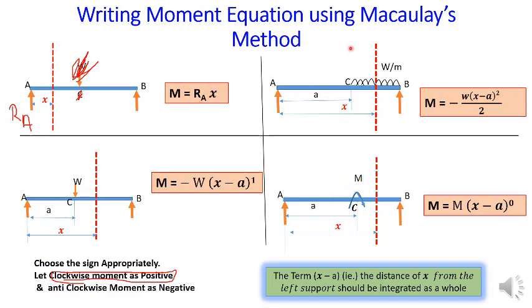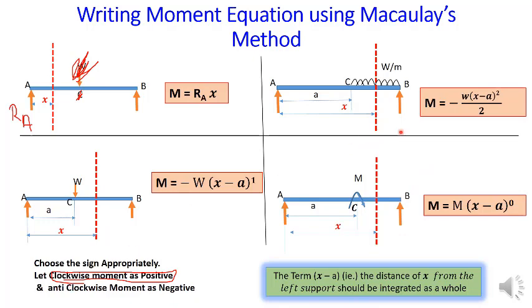And the second one is the UDL load. When you are writing for the UDL load, here the section is marked in the last portion. When you have a UDL between C and B, we all know that for a UDL load, moment equals W into X squared divided by 2.